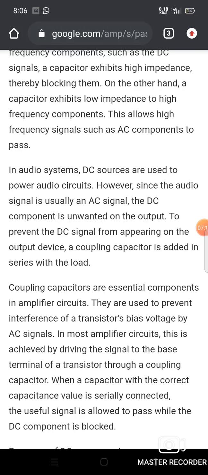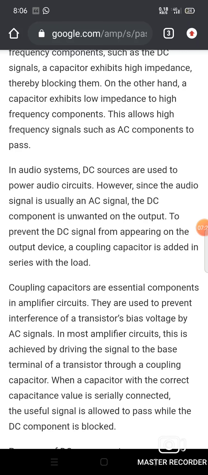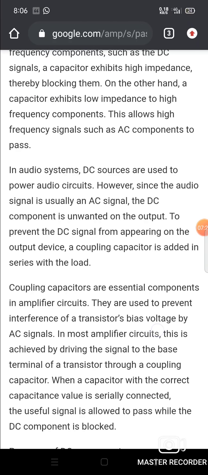That capacitor is also called a coupling capacitor. It is connected at the output of the amplifier circuit to prevent the DC signal from appearing in the output device. So in that circuit at the output terminal, we have DC components.